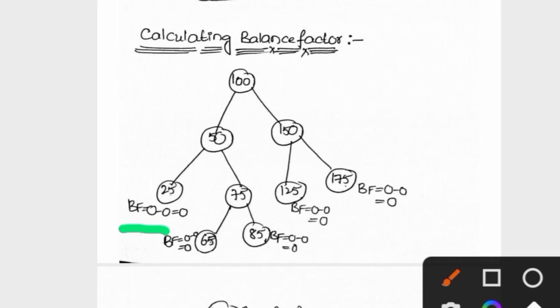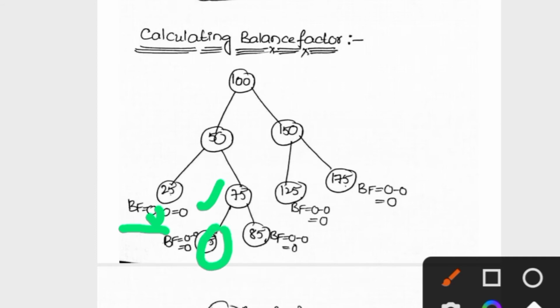So balance factor is equal to height of the left subtree minus height of the right subtree. The left child is not there, so we write 0, minus the right child is not there, so we take it as 0. 0 minus 0 is equal to 0. The balance factor is 0. Now the next external node is 65.